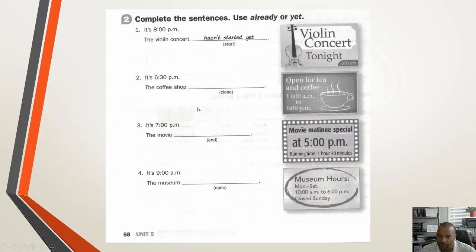Okay, so hopefully you've had enough time to look at all of the advertisements here and the signs on the right hand side so that we can answer 2 through 4. Okay, so number 2, it's 6:30 p.m. The coffee shop blank, and the word they want us to use is closed.